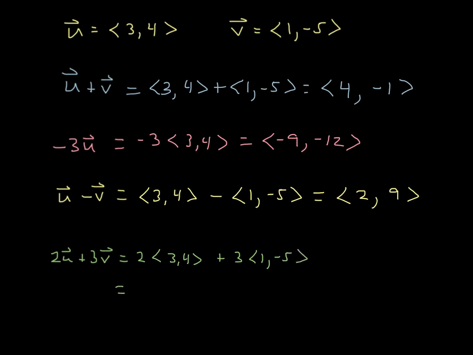When I deal with the scalar multiplication first, I'll get the vector 6, 8 plus the vector 3, negative 15. And when I add those together, 6 plus 3 is 9, and 8 plus a negative 15 is going to be a negative 7. And that's what we end up having. That's how we go about doing vector addition and scalar multiplication.